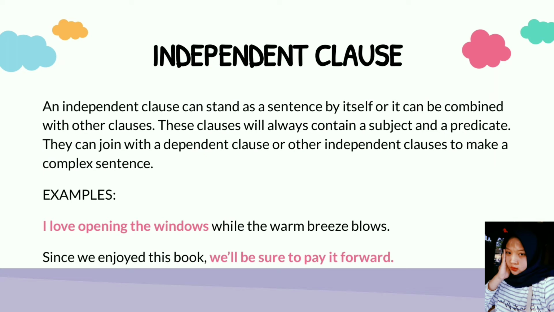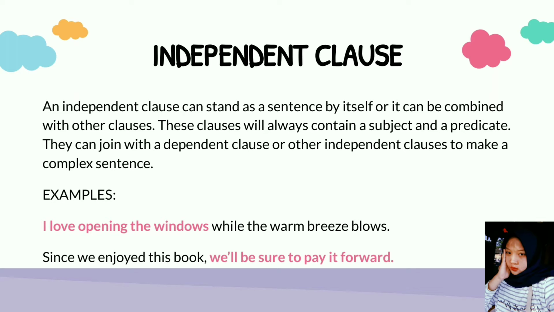So, what are independent clauses? An independent clause can stand as a sentence by itself or it can be combined with other clauses. These clauses will always contain a subject and a predicate. They can join with a dependent clause or other independent clause to make a complex sentence.